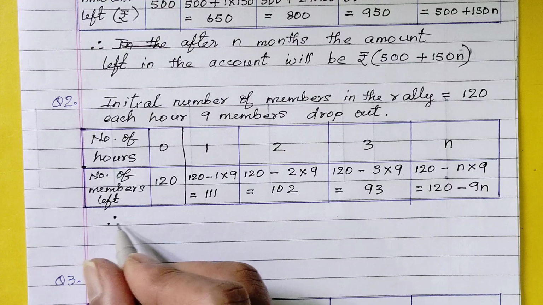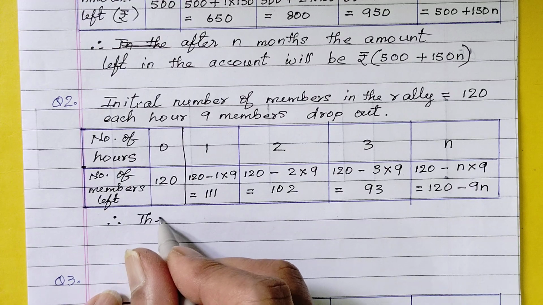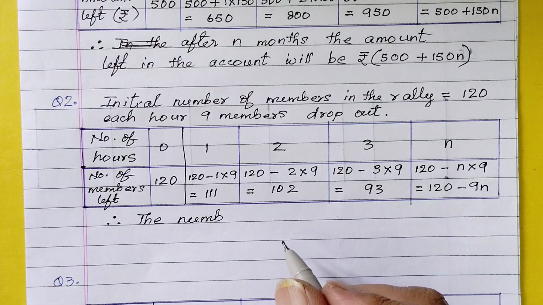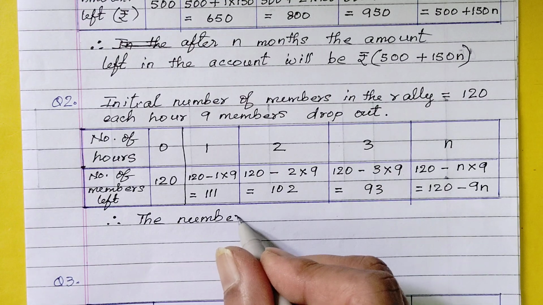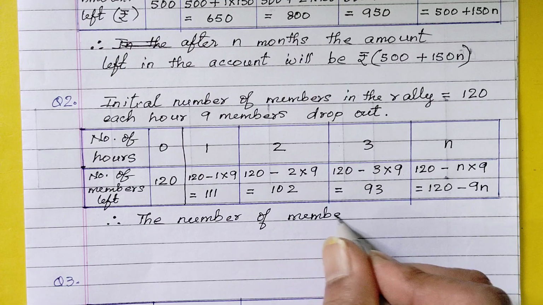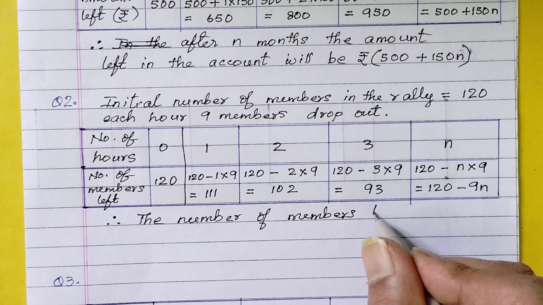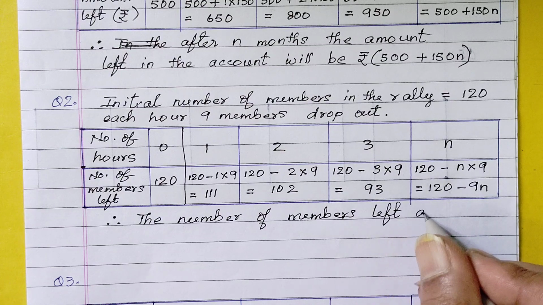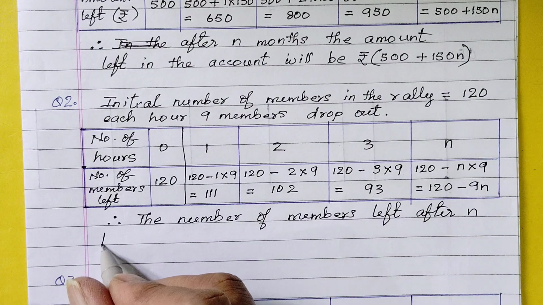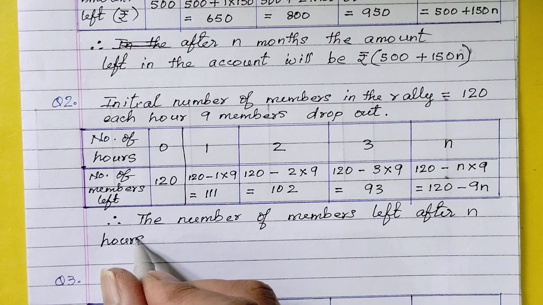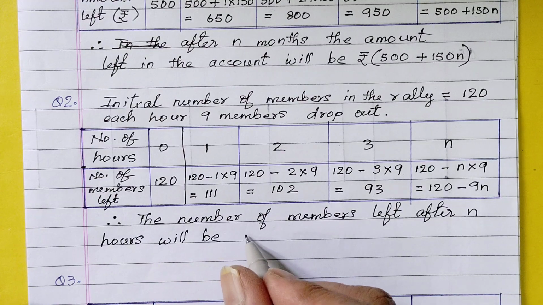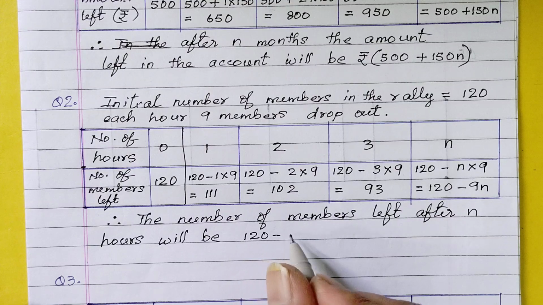Therefore, the number of members left after n hours will be 120 minus 9n.